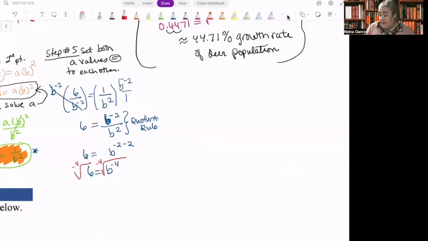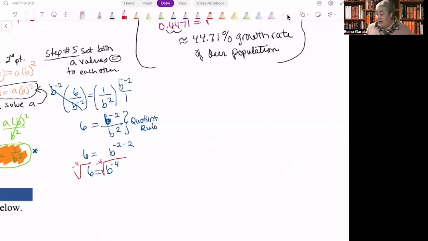It's currently being raised to the first power, so that becomes our numerator, and the denominator becomes whatever root it was being raised to, the negative 4th root. That means 6 to the 1 over negative 4 equals b.